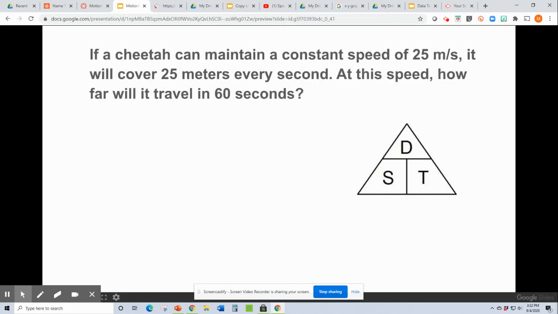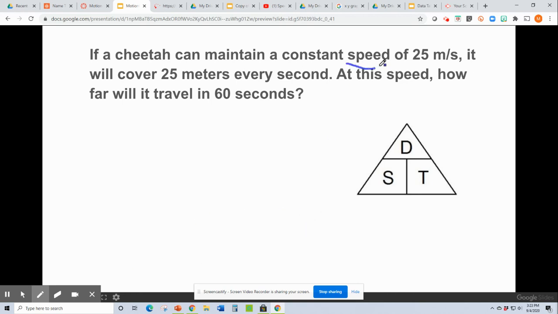So here's another one. If a cheetah can maintain a constant speed of 25 meters per second, it will cover 25 meters every second. Well, that makes sense. At this speed, how far will it travel in 60 seconds? All right, let's see.